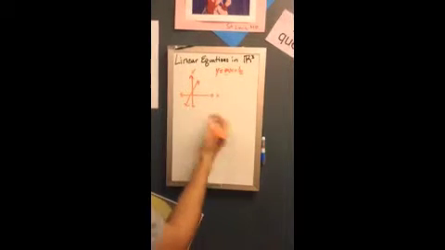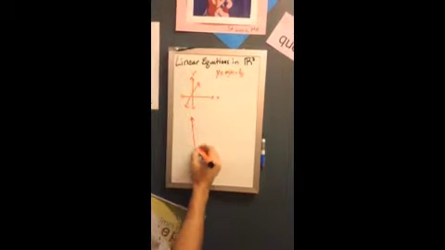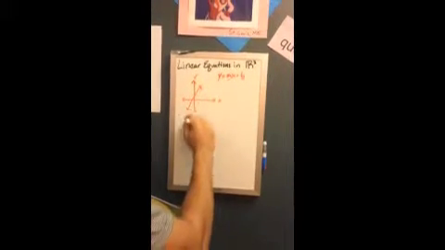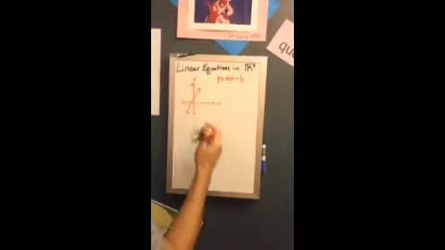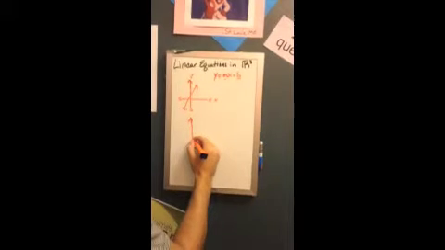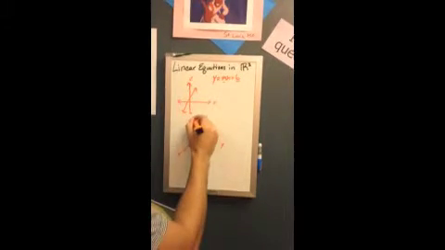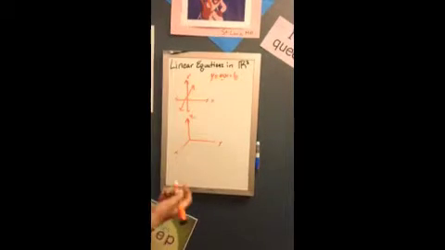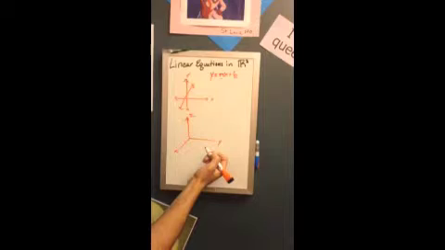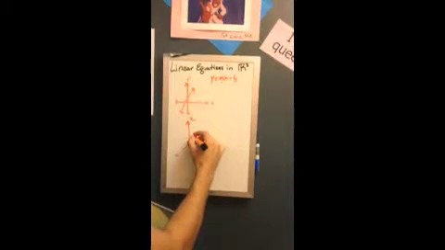Say, for instance, we have a plot in R3 with this being y, x, and z. If we plot the same line in R3, we get a line that looks something like this.